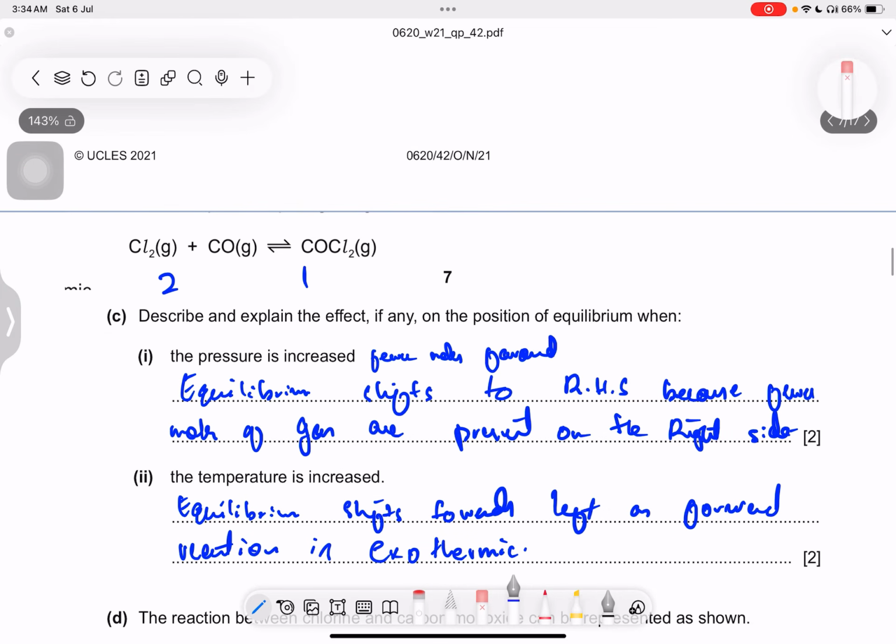Now this direction is the forward direction. So this is exothermic, meaning that the backward reaction is endothermic. If the forward is exo, backward is endo.